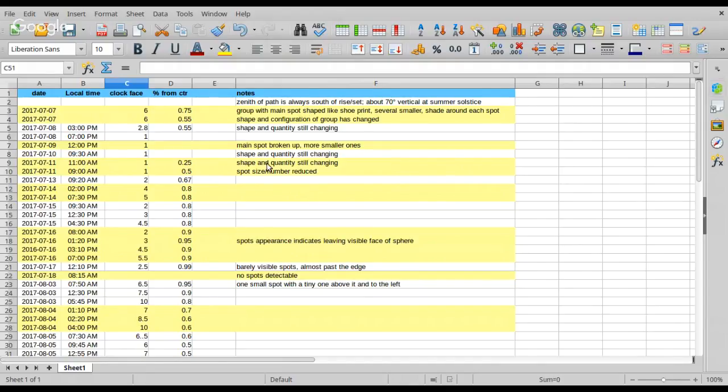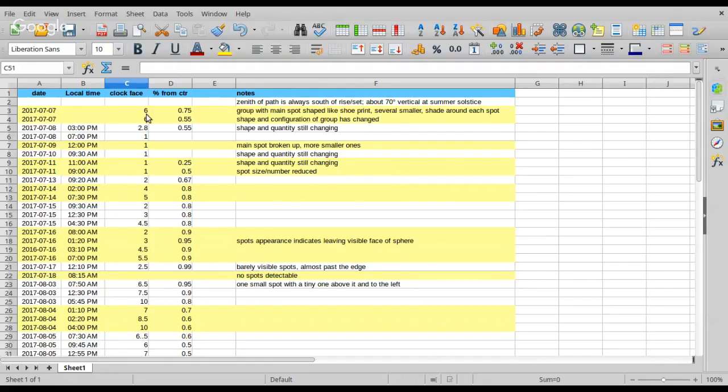And I described what the spots looked like, but I tried to also look at it as a clock face, so I could position the main spot or the main group of spots. There's only ever been one cluster of spots since I've been watching, and several weeks in between when there weren't any spots at all, or I couldn't see the sun because of bad weather.